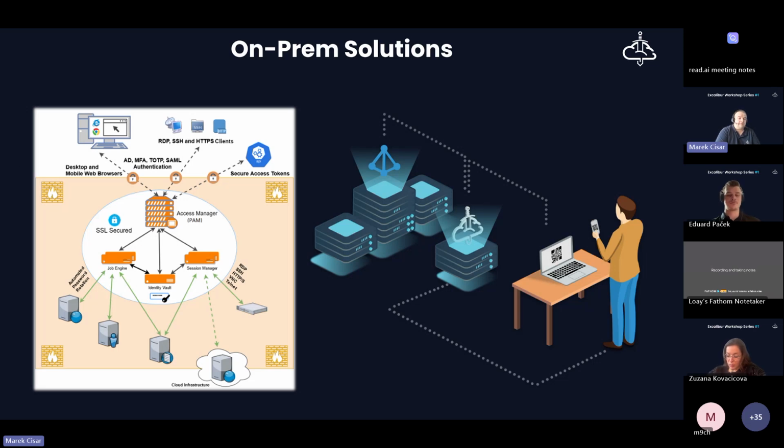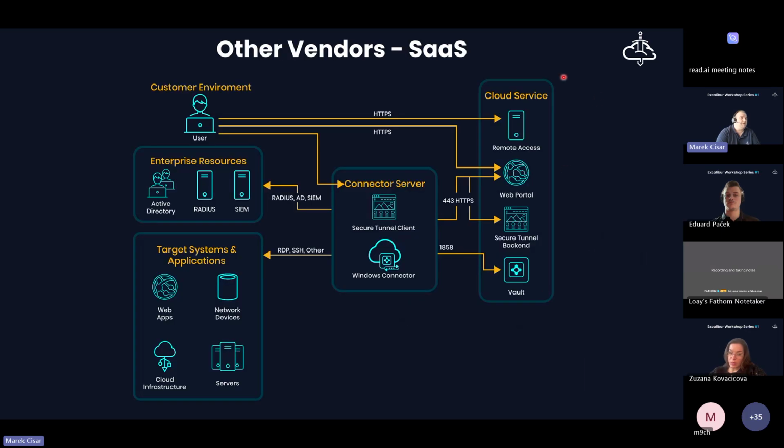Okay, so this was the on-premise use case, and let's check the other use case, when the legacy PAM system is deployed in the cloud. Again, lots of complexity of the ecosystem.